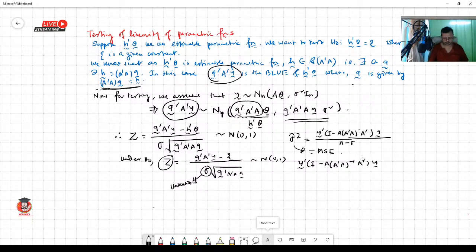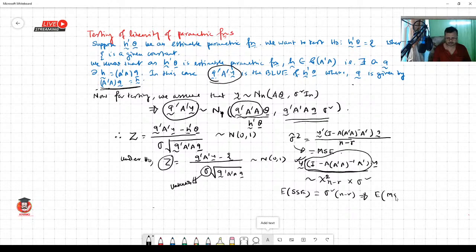So this again, since this is the idempotent matrix, this quadratic form follows chi square with degrees of freedom equal to the rank of this idempotent matrix, and the rank of this idempotent matrix is n minus r, into sigma square. Therefore expectation of SSE is equal to sigma square n minus r, and expectation of MSE is equal to sigma square.